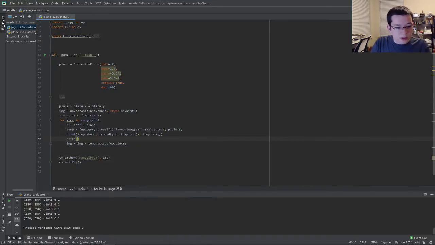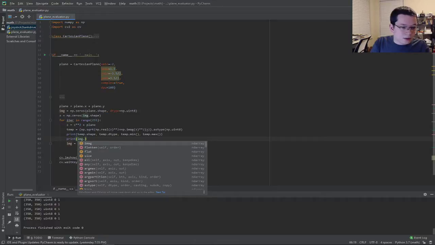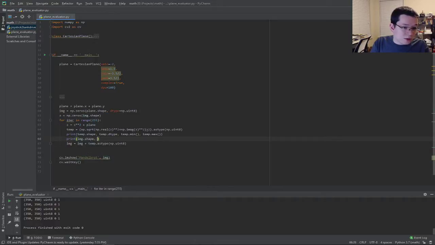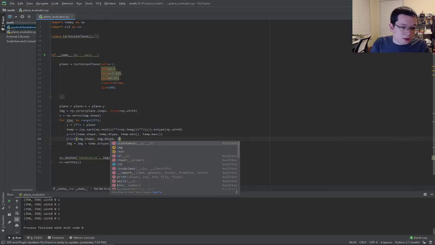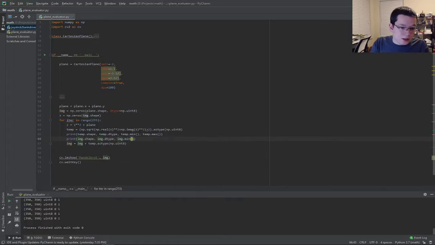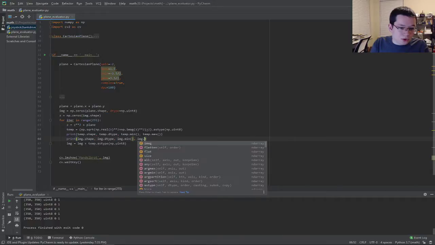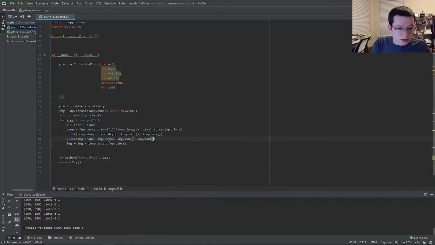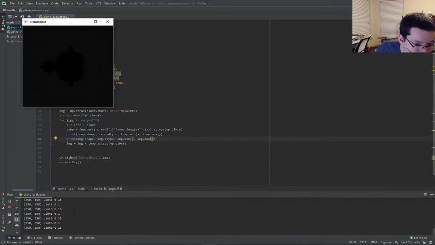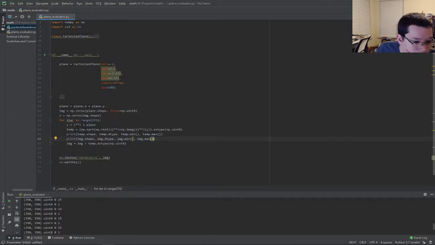Okay, print image.shape, image.dtype, image.min, image.max. 15. Why is it doing that?